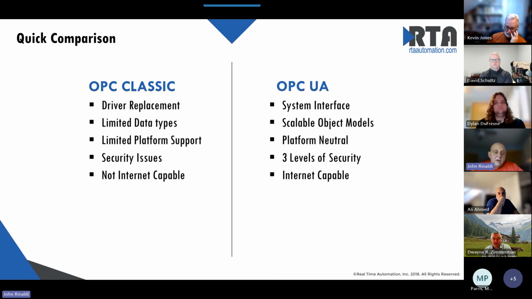And with the OPC Classic, you really couldn't talk across the internet. There were some bastardized ways to do it, but generally you could do it on a local network using Microsoft DCOM, but there was no way to go across an internet interface. So OPC UA was the thing that came to fix all these things.